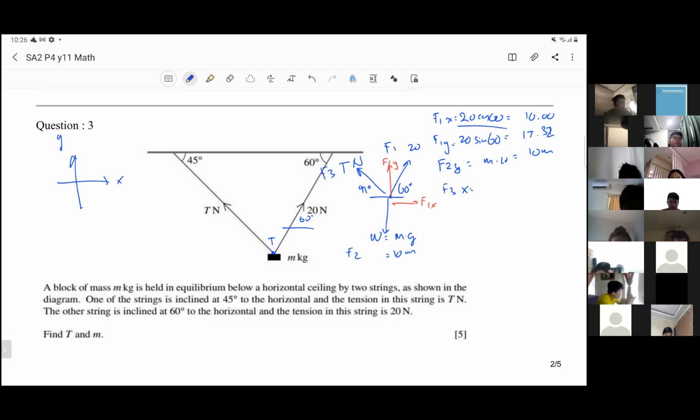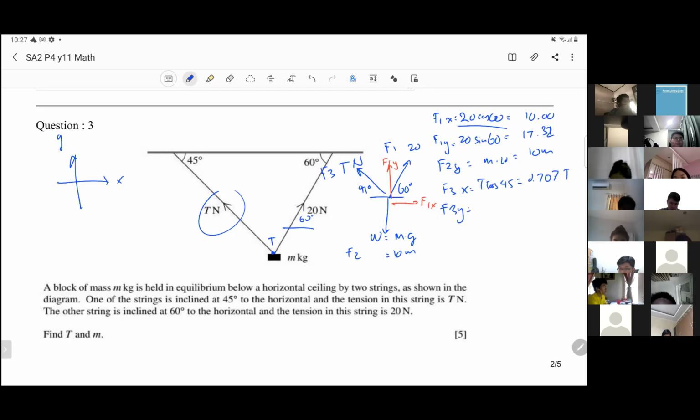Give me what is the F3X, this one on the X direction. You might use a symbol here in this case because you don't know T. T cos 45, and we just need to calculate the cos 45 because we don't know what is T. What is cos 45 then? 0.707. Okay, good.